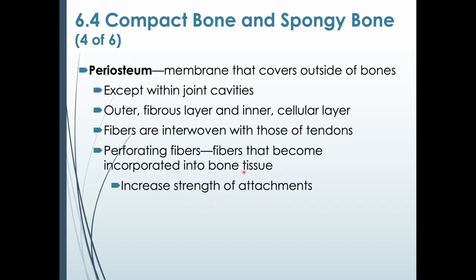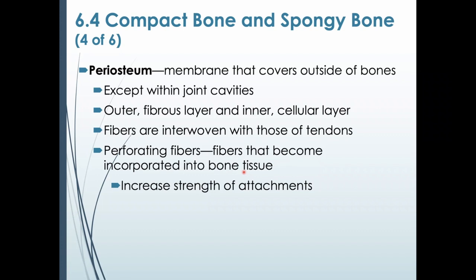So let's talk about the outer portion of it, the membrane that covers the outside of the bones. That's called the periosteum. Okay. The periosteum is basically going to be found on the outer parts of the bone, except within the joint cavities. Okay.